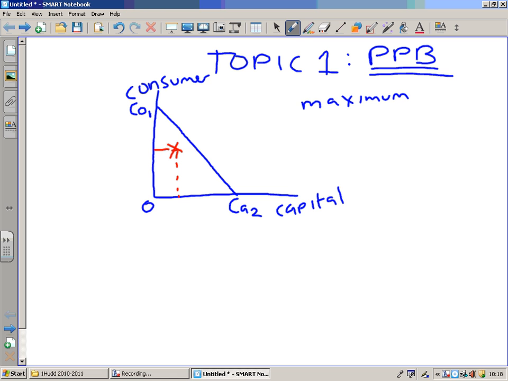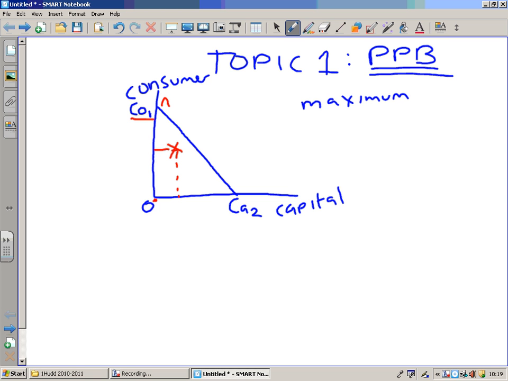Okay. Now, what I want to do now is to use our production possibility boundary diagram to explain the concept of opportunity cost. So remember, we have scarce resources. So let's imagine that this economy decides to produce CO1 consumer goods. When they operate at CO1, they can produce 0 capital goods.